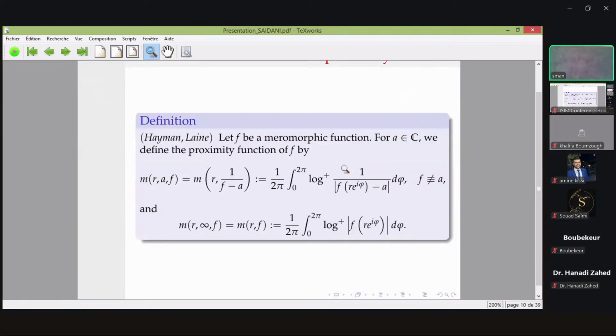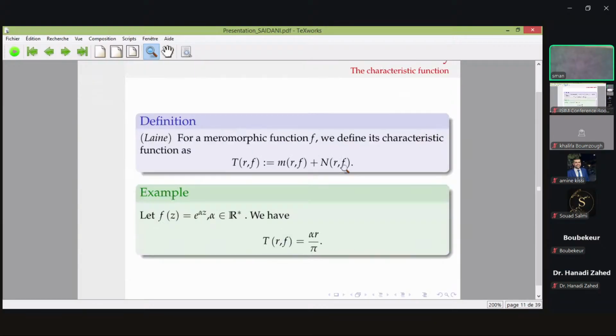We define also the proximity function of a meromorphic function by the two following formulas. Now we can define the characteristic function of a meromorphic function f as the sum of the proximity function of f and the counting function of f. As an example, for f equals exponential of alpha z, where alpha is a nonzero real number, the characteristic function of f is alpha r divided by pi.